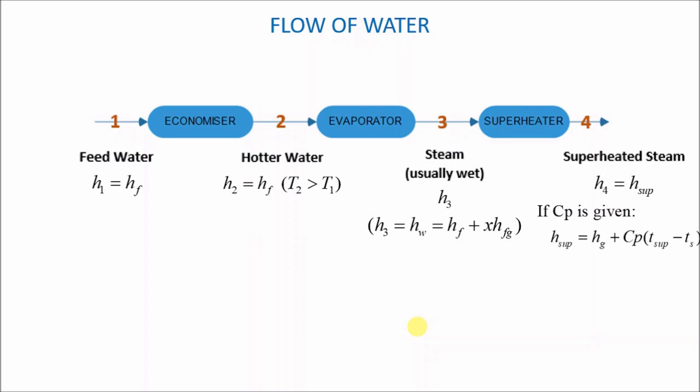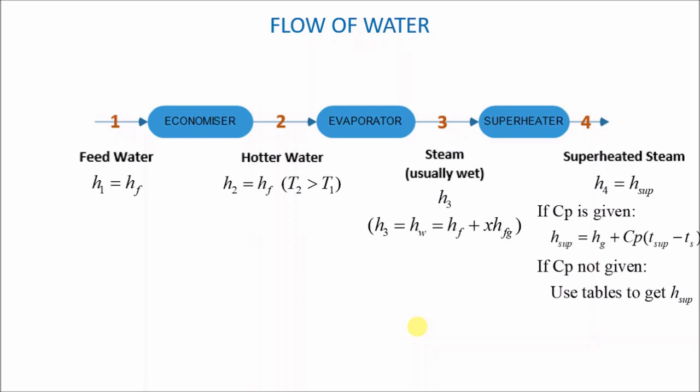But sometimes you can have a question where the Cp value is not given, and then what you do, you just read HSAP from your steam tables. So you're gonna use your tables to read HSAP if the Cp value for superheated steam is not given. Really, really important. Another thing that I need to say is that the pressure is the same, okay.